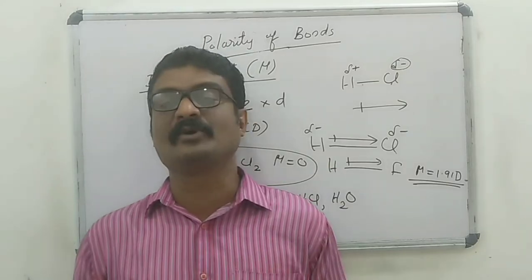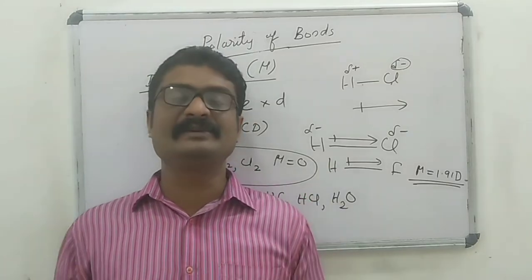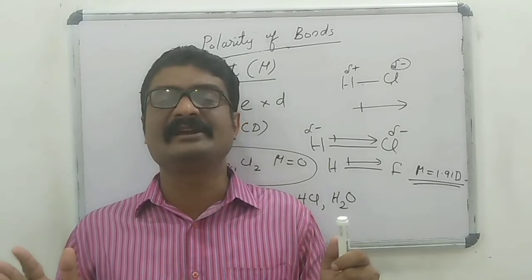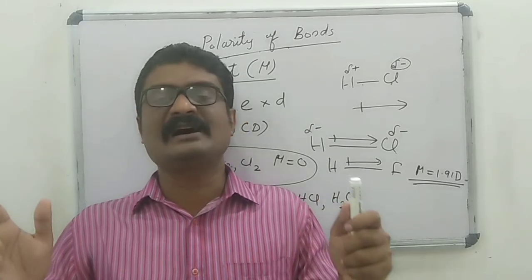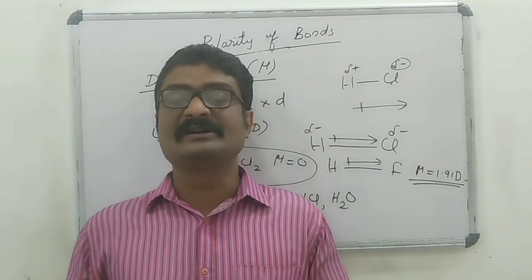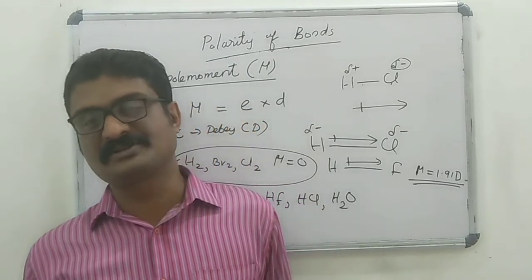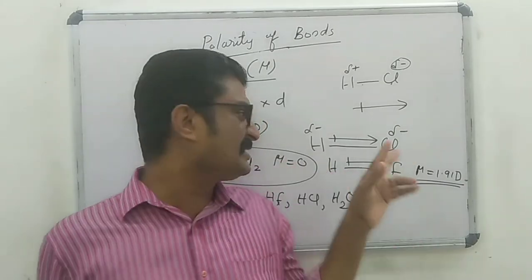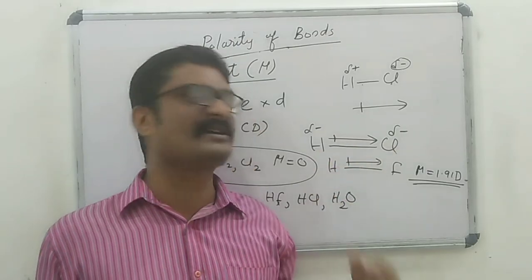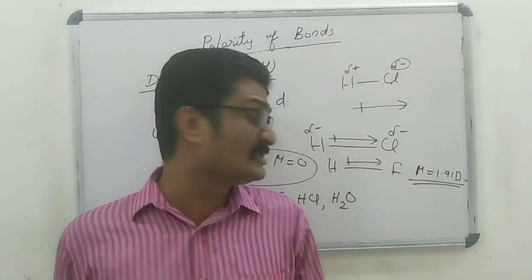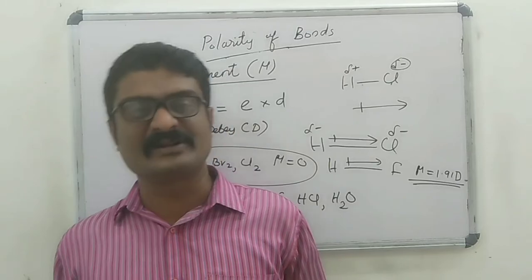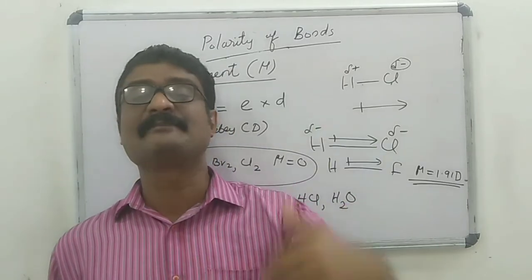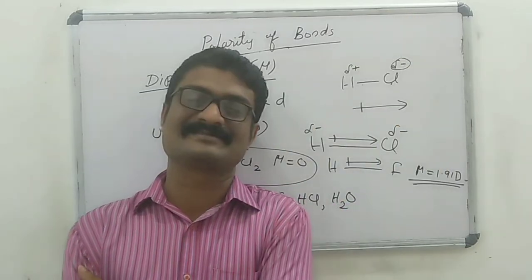Then the next important point, greater the electronegativity difference between the atoms in a molecule, greater is the dipole moment. When the electronegativity difference between the bonded atoms in a molecule increases, the dipole moment value also increases. That means its polar character increases.